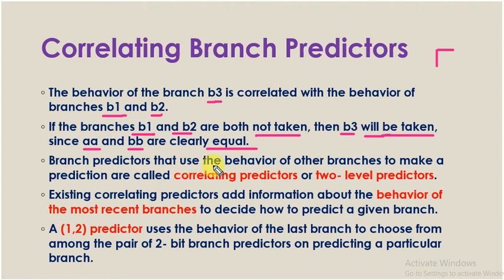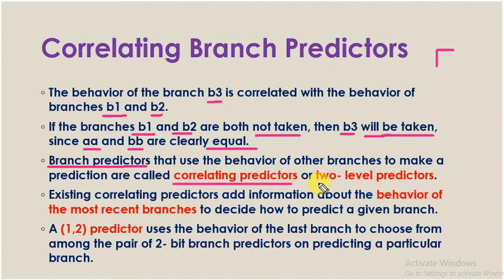So branch predictors that use the behavior of other branches, this is the major point. We are considering a compiler technique for improving instruction level parallelism. For that we are using branch predictors. First predictor is the 2-bit predictor. Second predictor is the correlating branch predictor. The branch predictors that use the behavior of other branches to make a prediction are called correlating predictors.